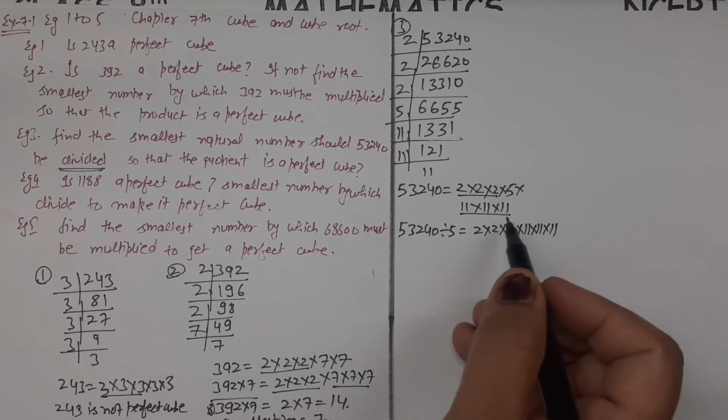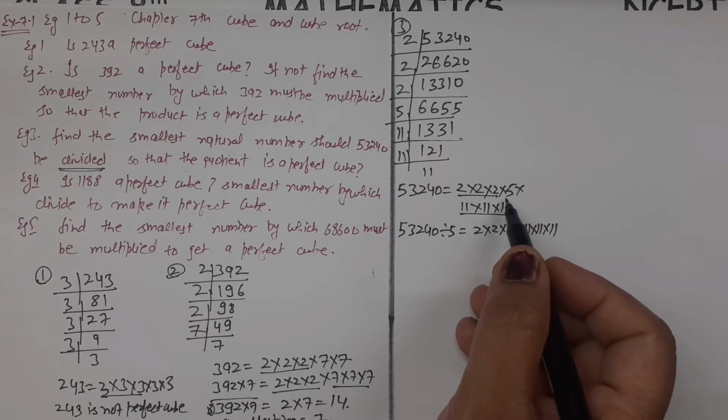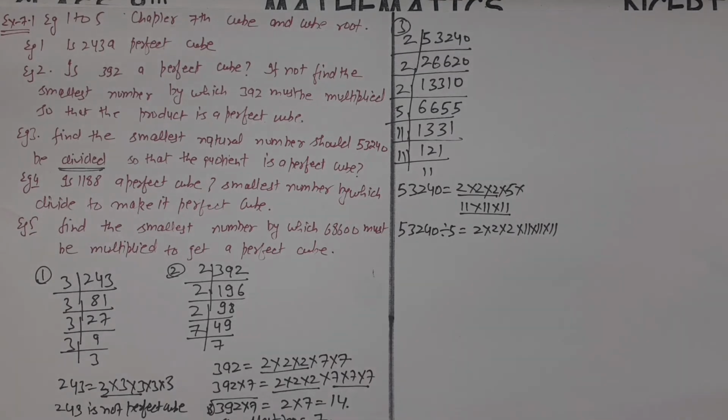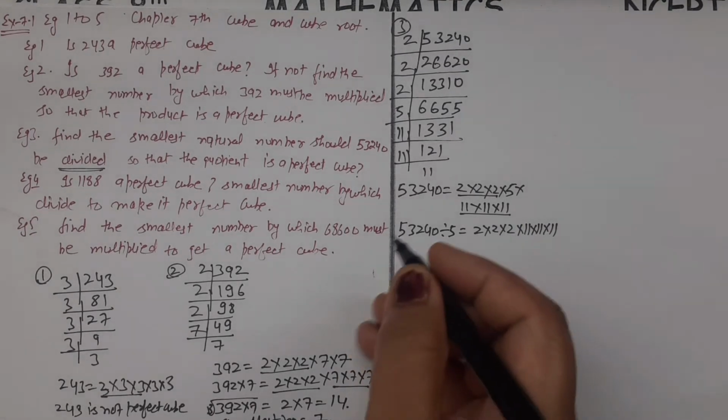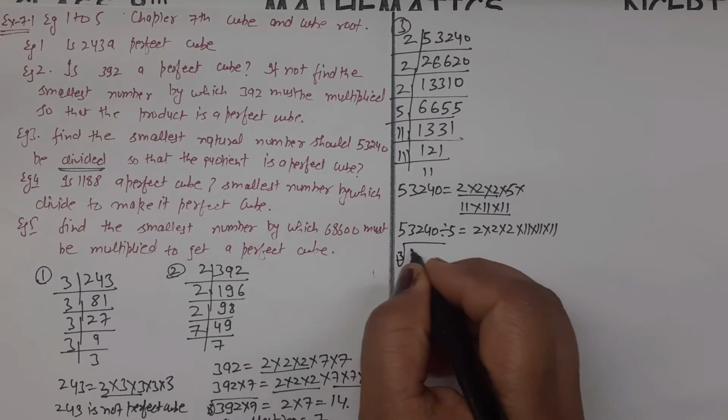In division, 5 is removed from the right hand side. Symbol of cube root.